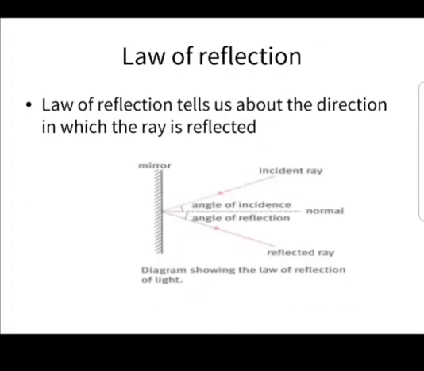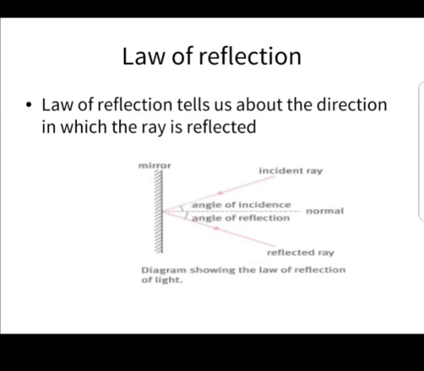Laws of reflection. So a law of reflection tells us about the direction in which the ray is reflected. The first law is related that all the elements of the ray are in the same plane, like incident ray, normal, and the reflected ray. You should know what is an incident ray, angle of incidence, angle of reflection, reflected ray, and normal. So the incident ray is the incoming ray that strikes the mirror.